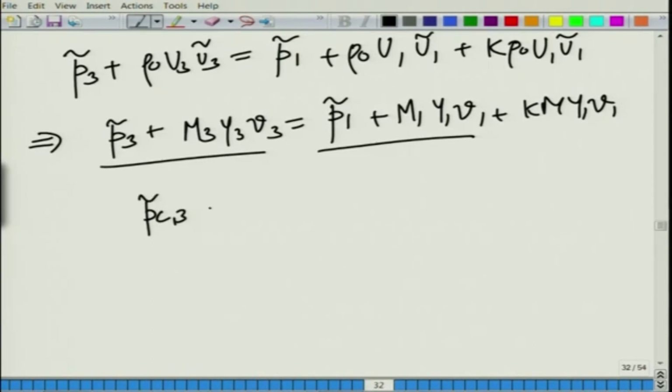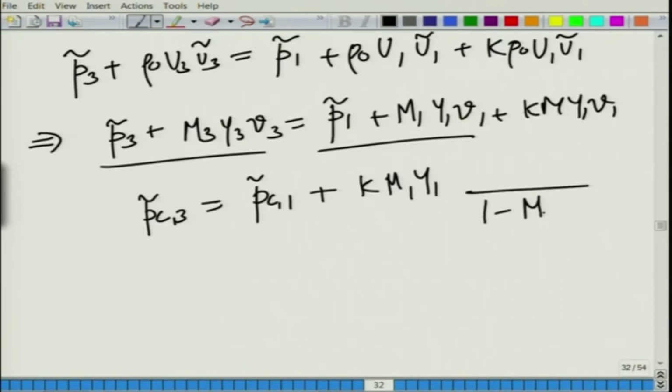So, P C 3 is equal to P C 1 plus K M 1 y 1, and what we will do is 1 minus M 1 square and V C 1 minus M 1 P C 1, whole divided by y 1.